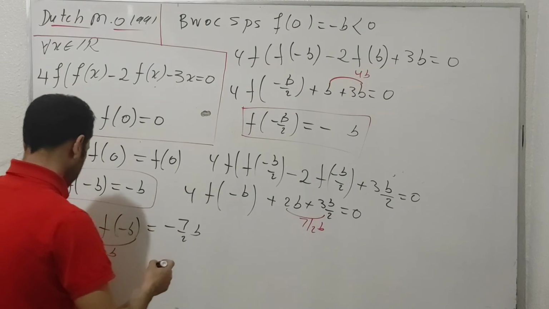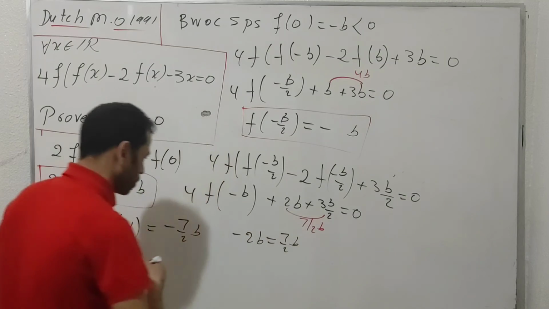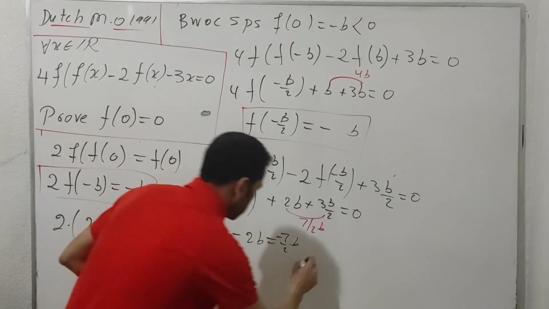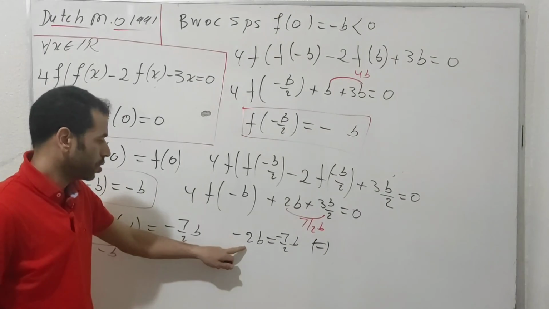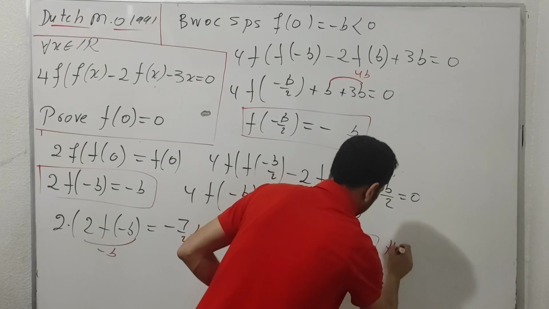I will get minus 2b equals 7 over 2b. So after simplification, I will get 4 equals 7, which is also impossible.